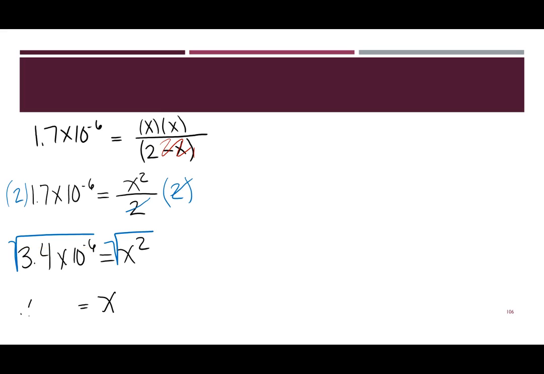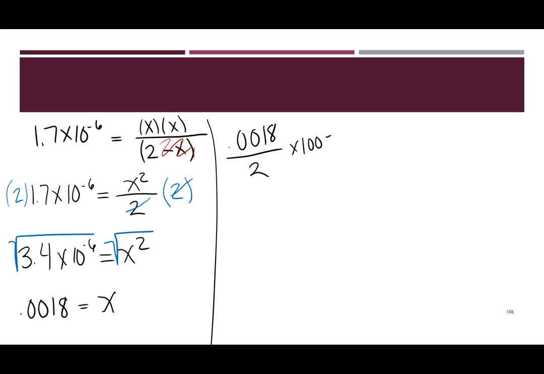0.0018. Let me just take a moment real quick to validate it. So we're going to take the 0.0018, divide it by 2, multiply by 100. So 0.0018 divided by 2 times 100 is 0.09%.